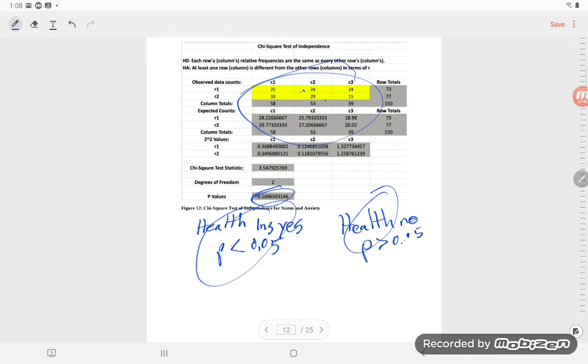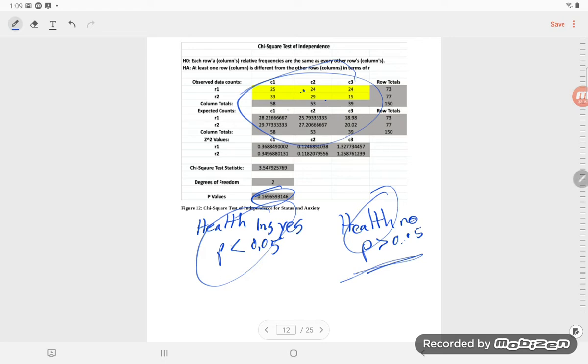What does that mean? I don't know. It could mean that if I have the insurance, I have the ability to be diagnosed, and therefore I could tell you I've been diagnosed with anxiety. If I don't have health insurance, maybe I can't tell you I've been diagnosed with anxiety, and so that's a problem.